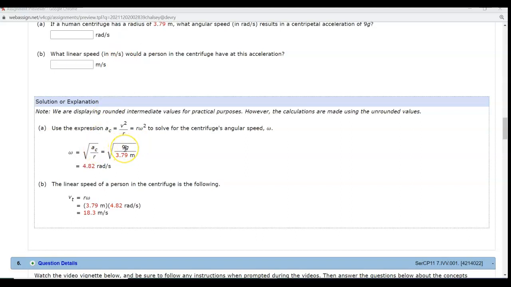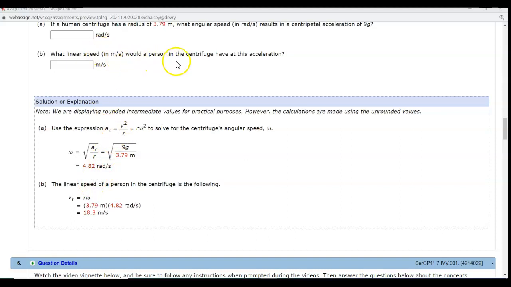Our acceleration, we want to be 9 Gs. Our radius was given as 3.79, so we can use that number. So 9 divided by 3.79, take the square root of that, and we have 4.82 radians per second.